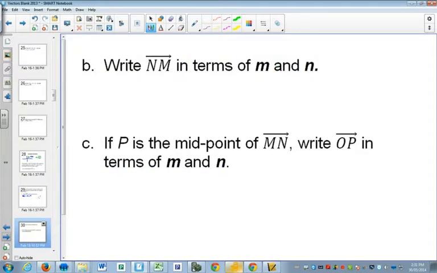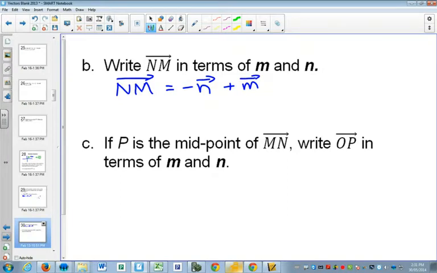what about going backwards? N to m. Well, we could think the same way. I'm at n. I could go backwards along n and then add m. So we could go back to our diagram and think of it that way.